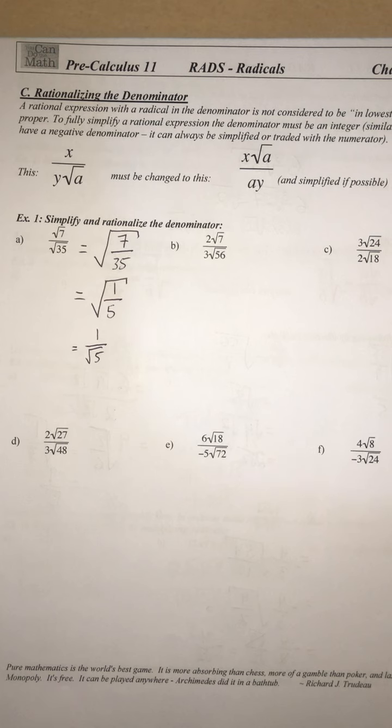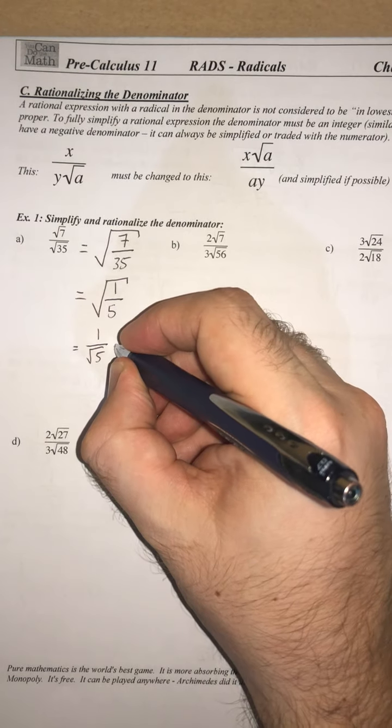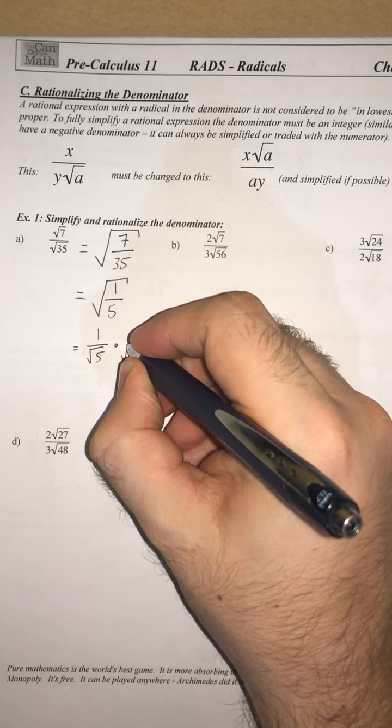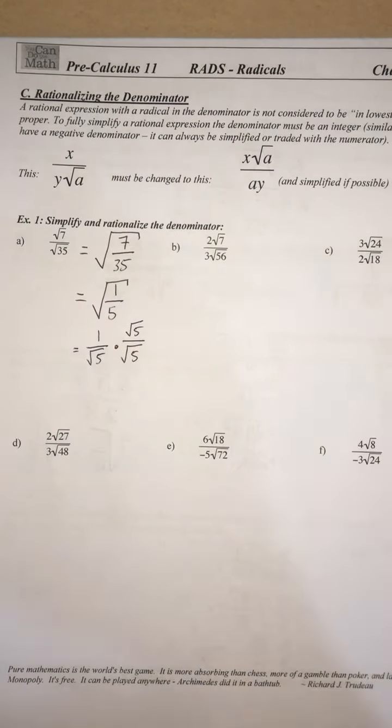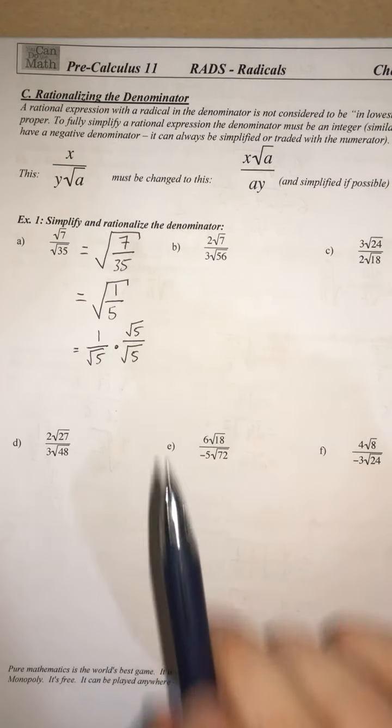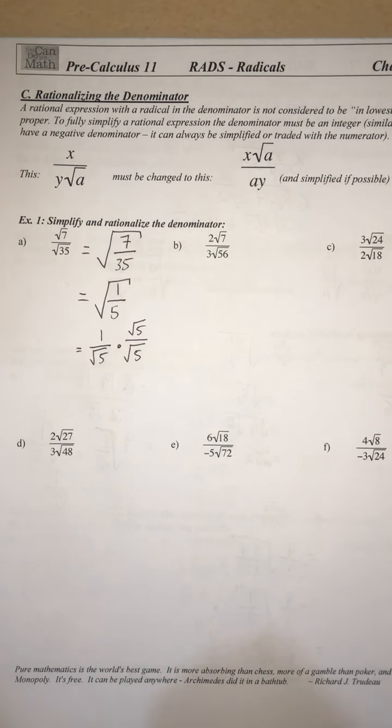We cannot keep the square root of some number at the bottom. So what you're going to have to do is multiply by whatever the square root of the bottom is, times the square root of the same thing on top. By multiplying by this, I'm just multiplying by 1, so it doesn't make a big difference.